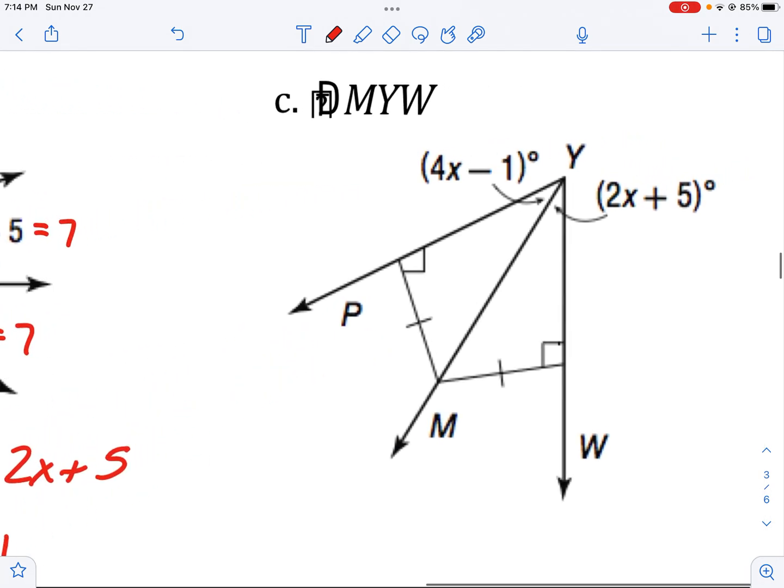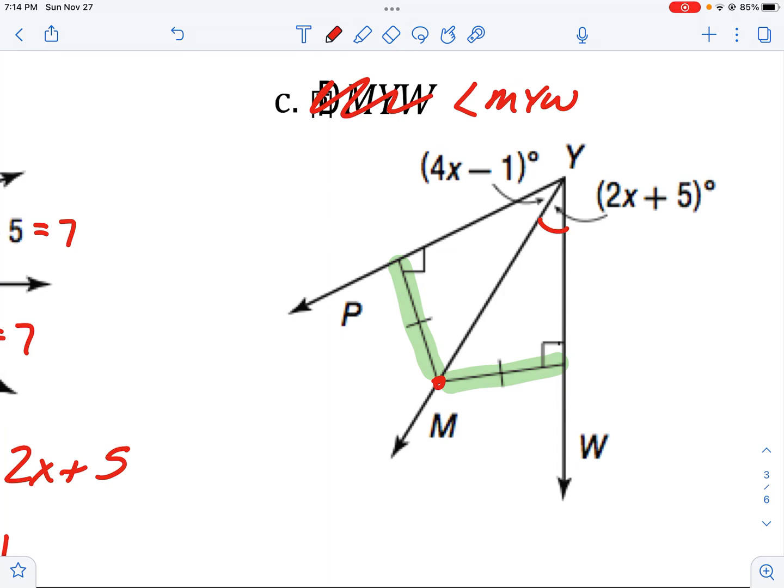Alright, let's take a look at this last example here for this video, and then I'll do a separate video so that it uploads a little bit nicer for you. Angle MYW, which is right here. I want to know, what does that angle measure? And notice that the distance from the point M to either side of the angle, it's equidistant to either side, right?